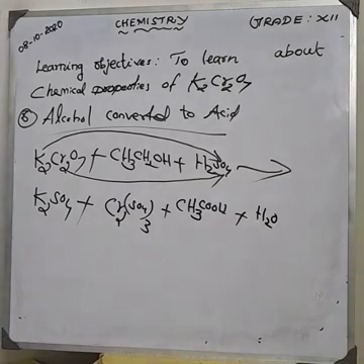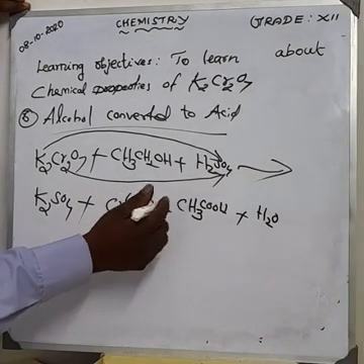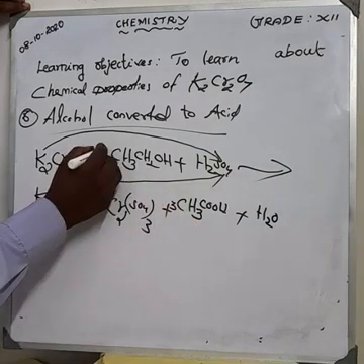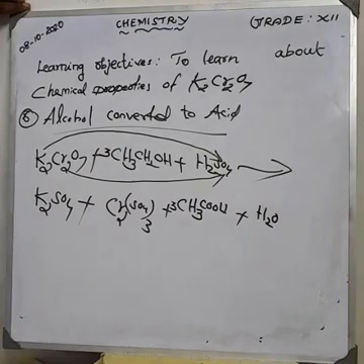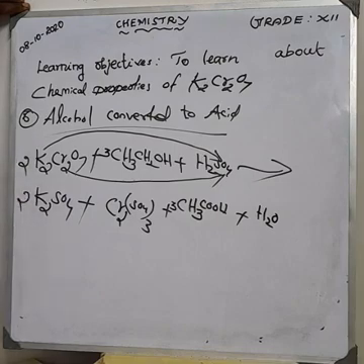Then how can you balance the equation? First of all, we make it 3 here. Acetic acid also giving 3, so carbon is balanced. Am I right? Next, potassium: here we make it 2, so potassium is balanced.